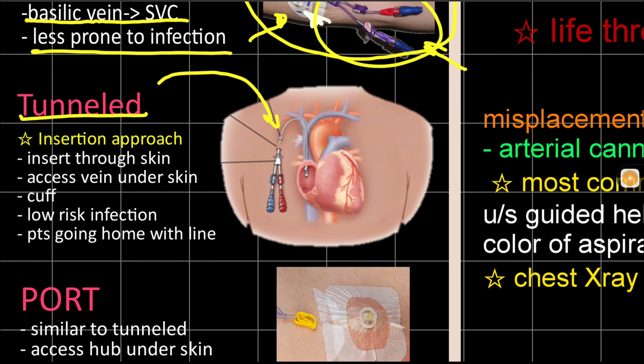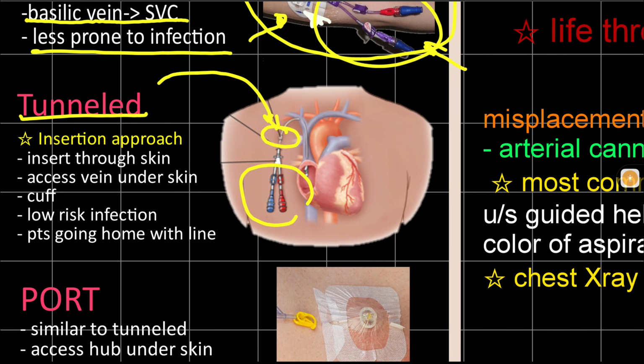Your tunneled is normally inserted through your SC, subclavian. Now, you will know that this is tunneled and not a PIC because of its location. And it normally has a hub. There's a hub here, and there's two ports, normally blue and red.